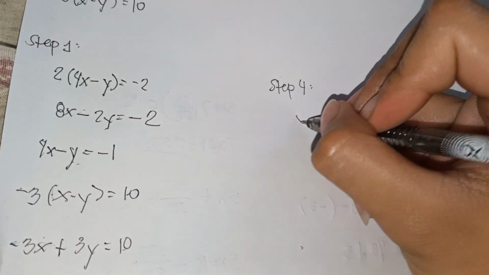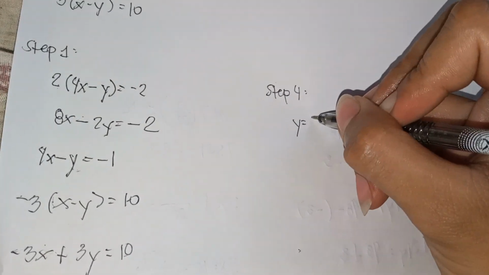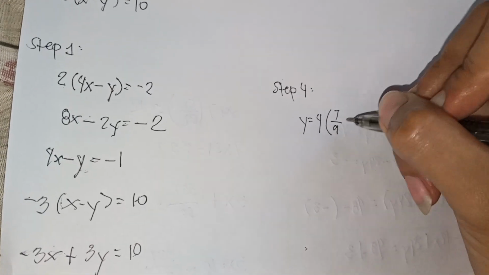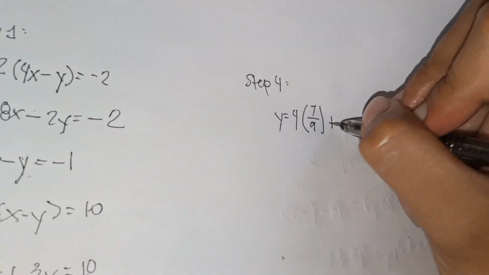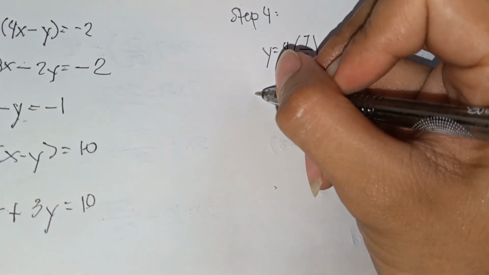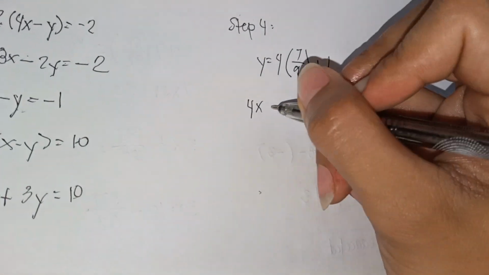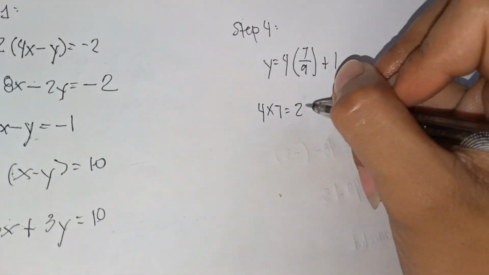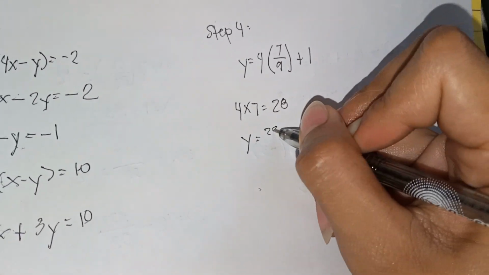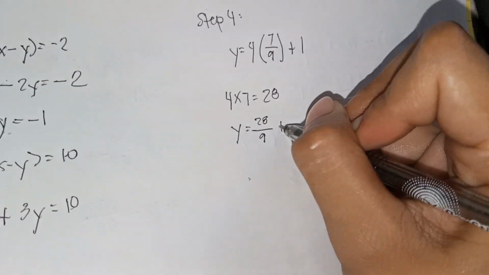So this is y equals 4 open parenthesis 7 over 9 close parenthesis plus 1. So we're going to calculate 4 times 7 equals 28. So our y is 28 over 9 plus 1.